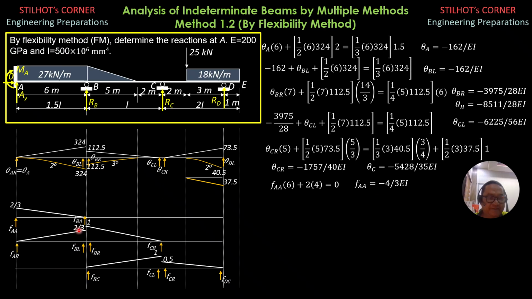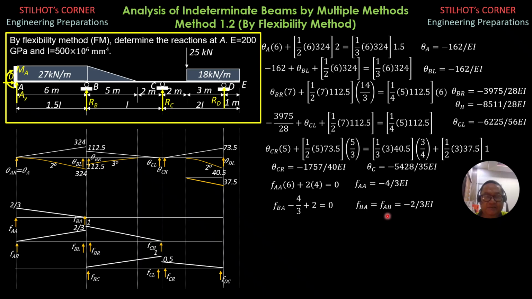Then FBA, we simply sum up vertical forces: negative 4/3 plus FBA plus area 2 equals 0. So FBA is equal to FAB, equals negative 2 over 3 EI.